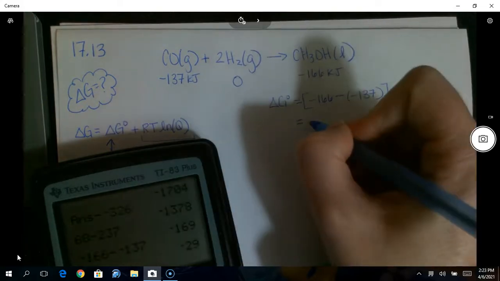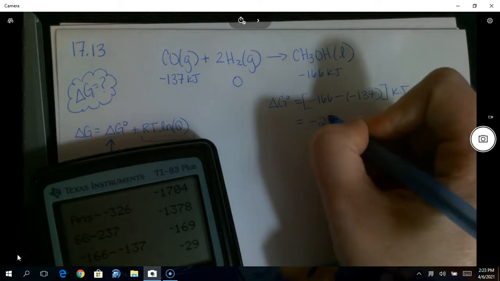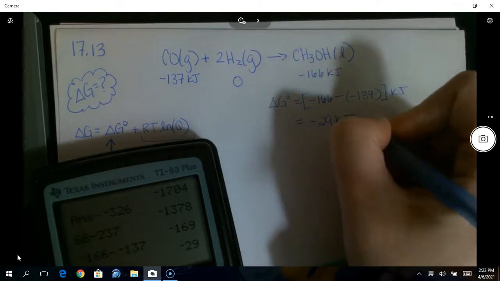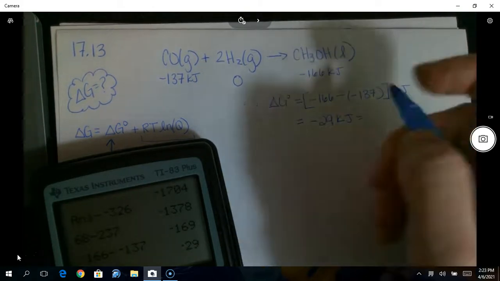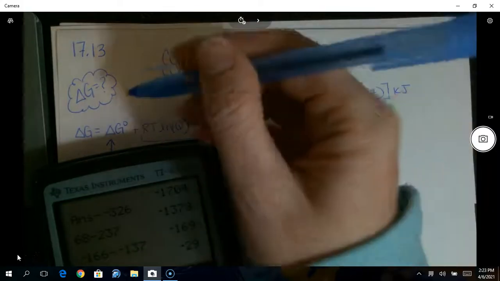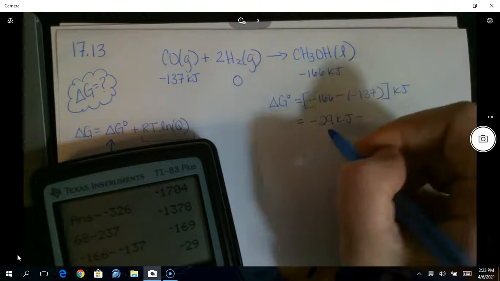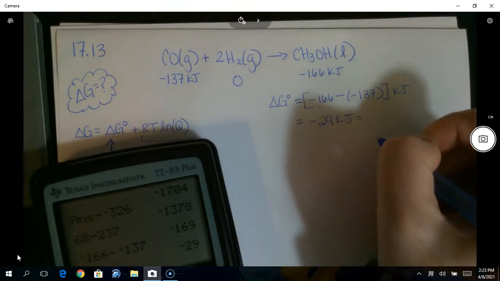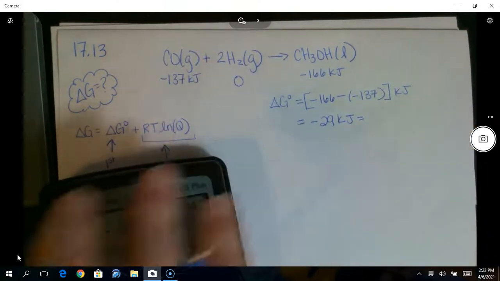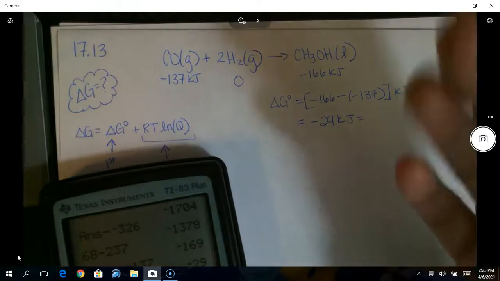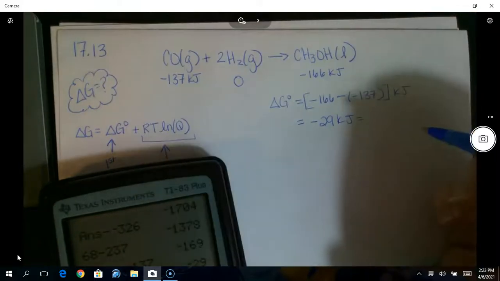This would get us negative 29 kilojoules. But I want this to be in joules because my R has regular joules in it. This is a step that kids often forget. When you're using this equation, you always want to do it in joules because of our R.